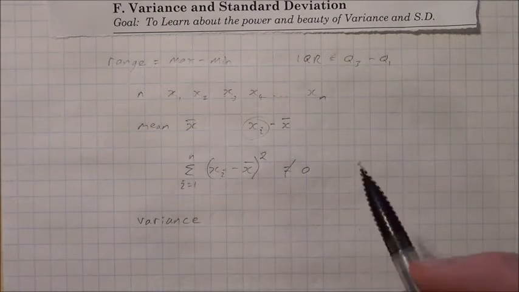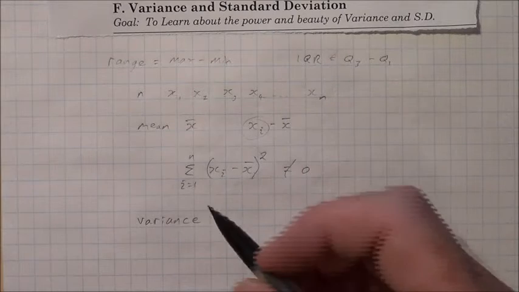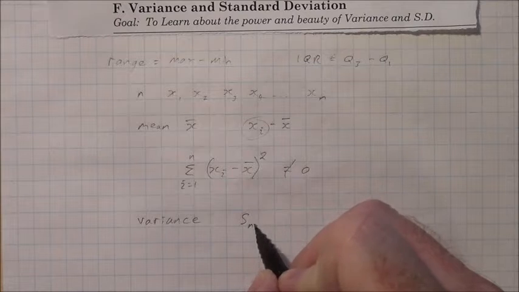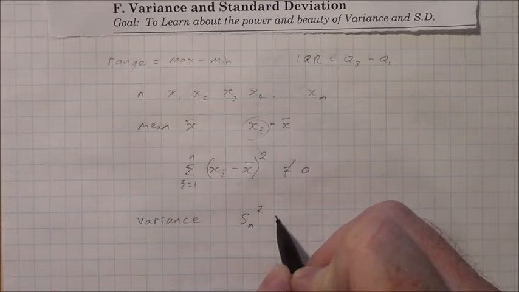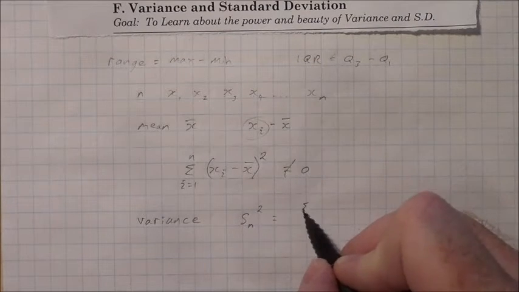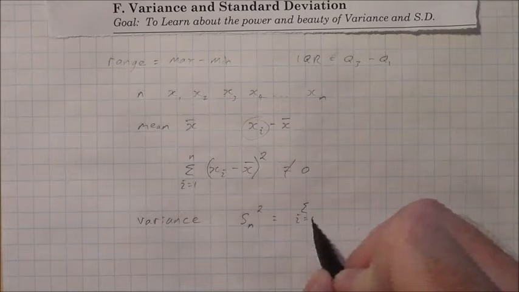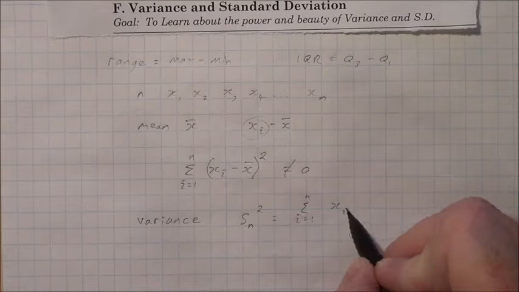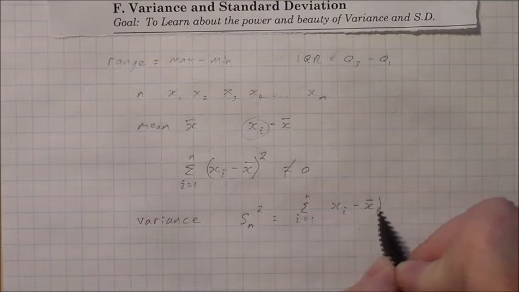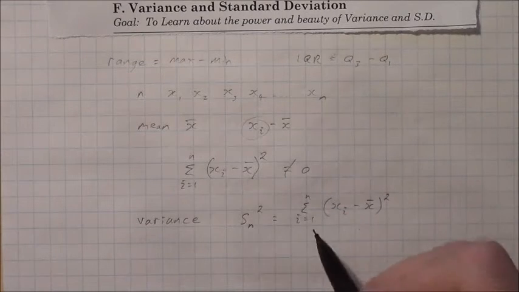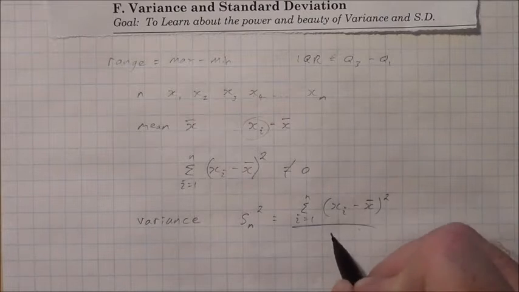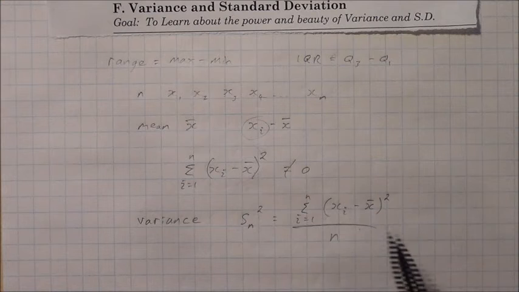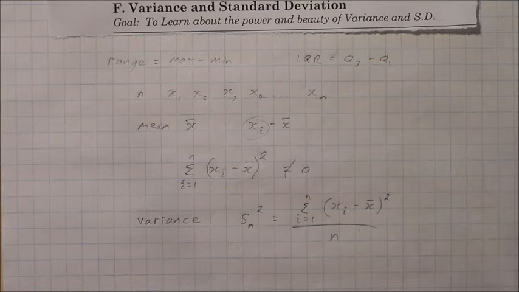The variance itself is written as s sub n squared, and that equals the sum from i equals 1 to n of (x sub i minus x bar) squared, divided by n. And that is the calculation of the variance.